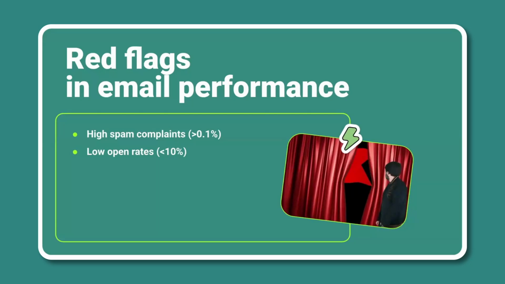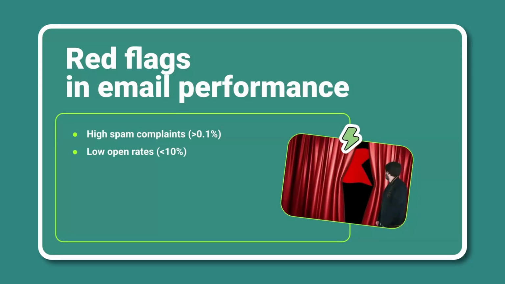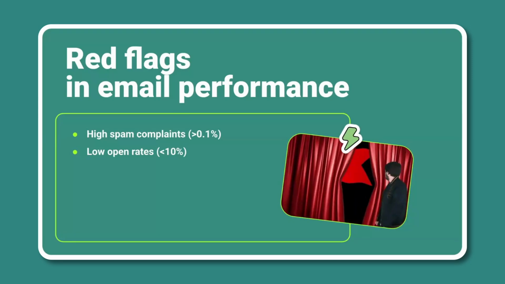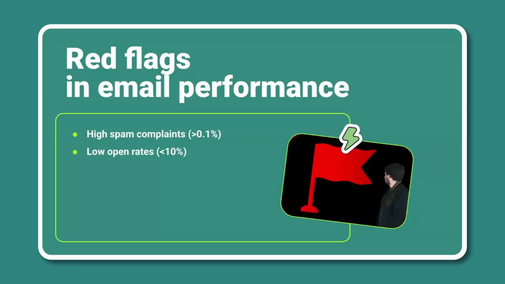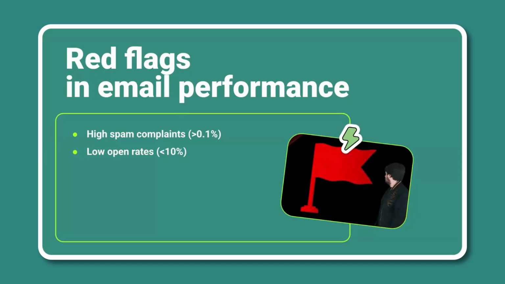As I mentioned, open is not that reliable anymore, but it continues to be a useful way to guess inbox placement. If you see open rates trending downwards, or if they fall off a cliff very rapidly, you have to figure out if this is a deliverability issue, or it's simply a problem with segmentation or content.